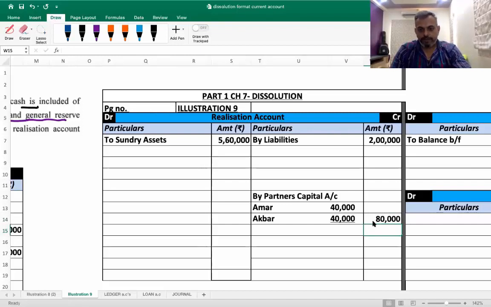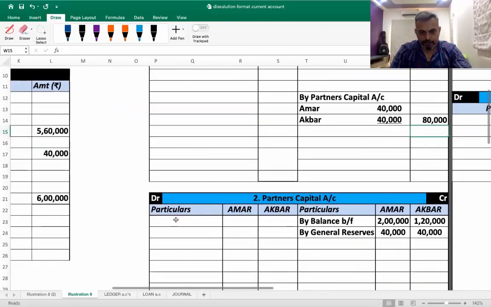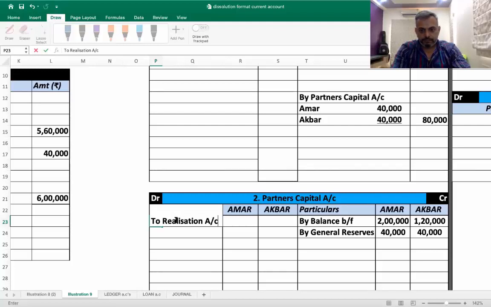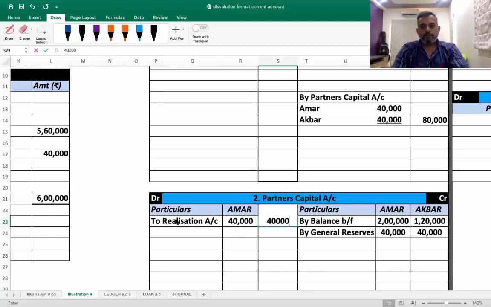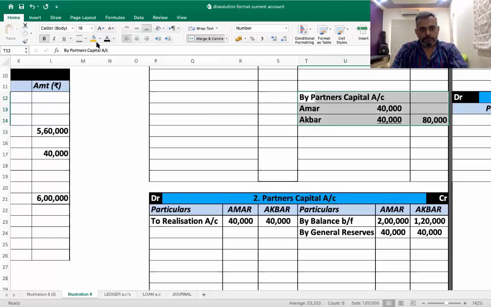So if you want, we can give the second effect together only. So to realization account in partners capital, $40,000, $40,000. Now this was already given. 80,000 we distributed it and we transferred to partners capital account.